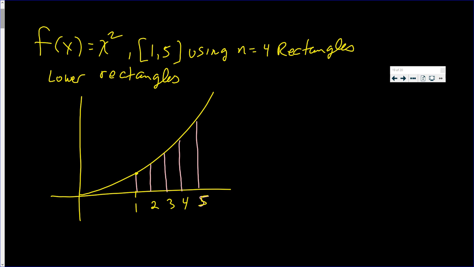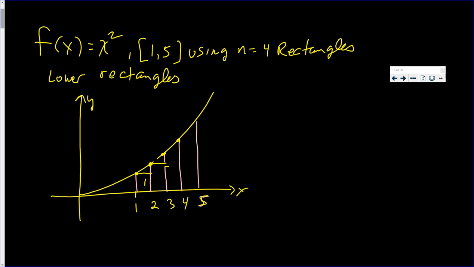Now, between 1 and 2, between f of 1 and f of 2, f of 1 is lower. So that's my first rectangle. Between x equaling 2 and x equaling 3, it turns out that the one I just picked is the lower one.